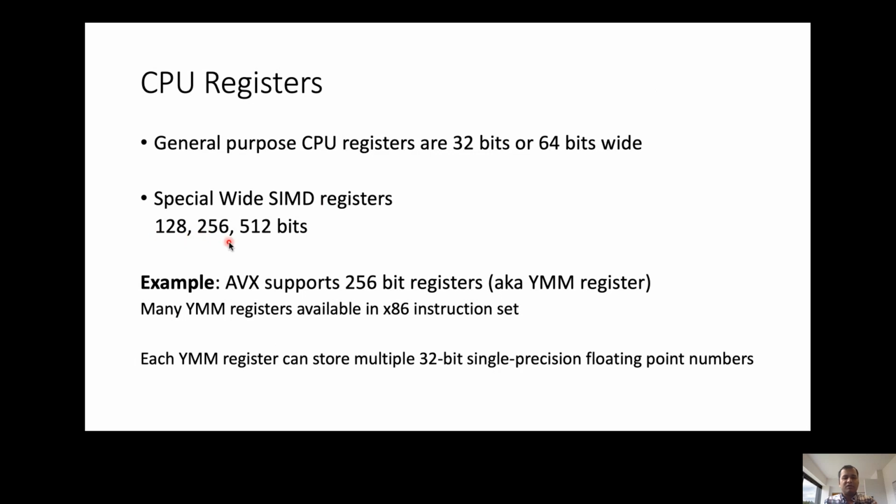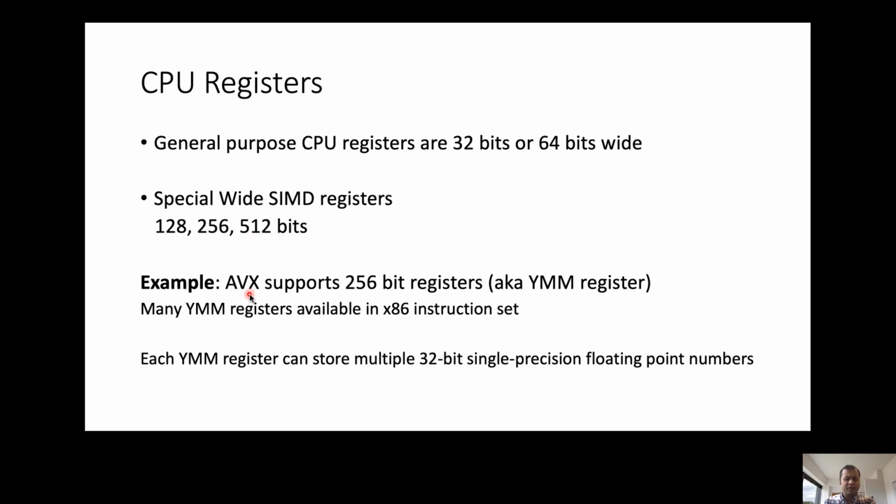So there are different generations of registers and different generations of intrinsic functions, and the registers vary in the width, like how many bits can be stored in one register. So these are wide registers because when you compare them, the number of bits that these special registers, SIMD registers or vector registers have is higher.